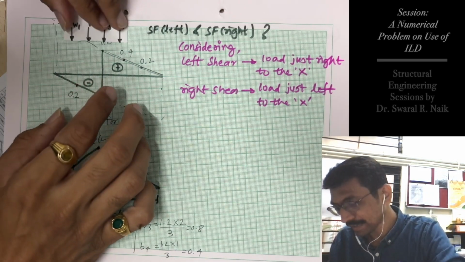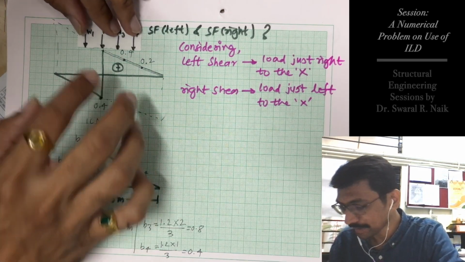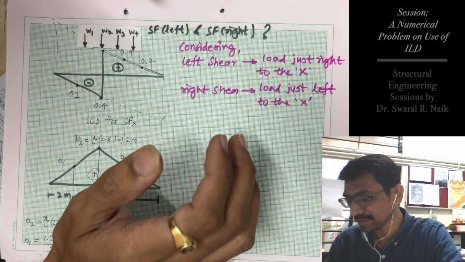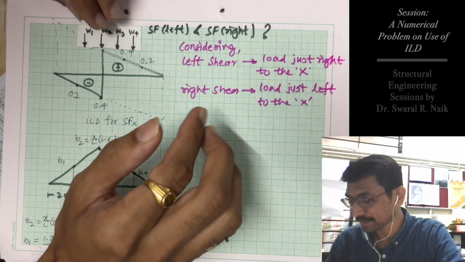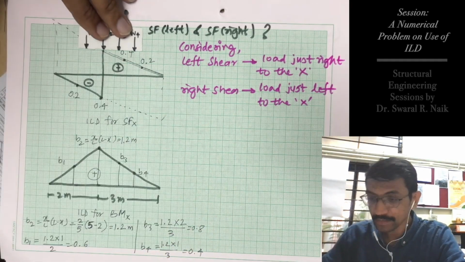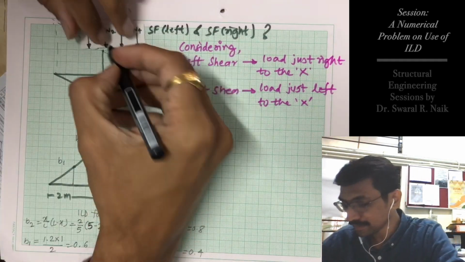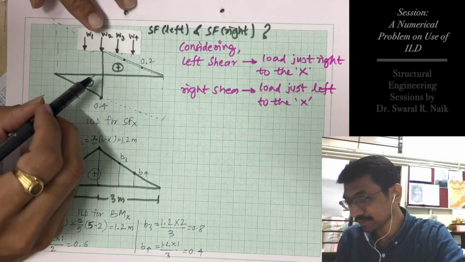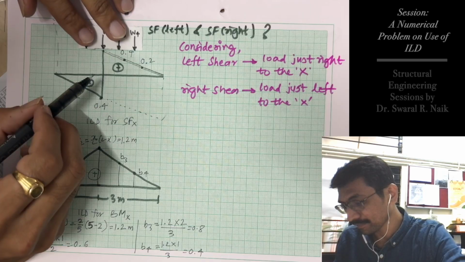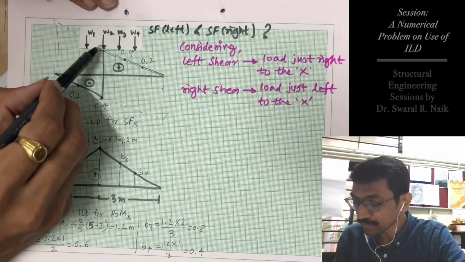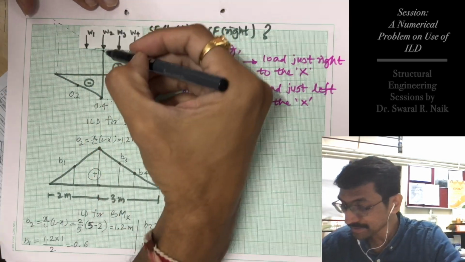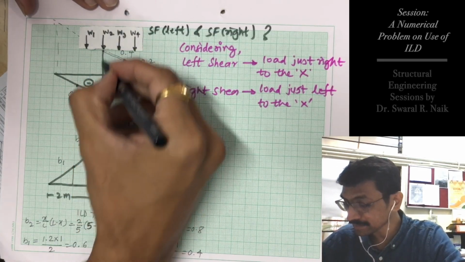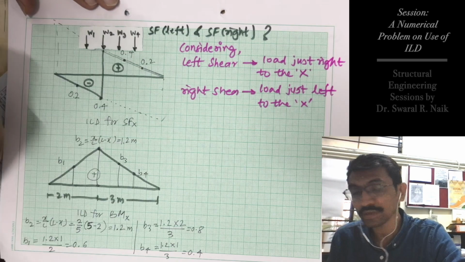This is my ILD for SF diagram. Now these are my load and this is the load position given, right? These intensities are already given, 10, 12, etc. Now when my load W2 is at the section, you can see in the shear force diagram you are having two values at this ordinate. So which one to be considered?